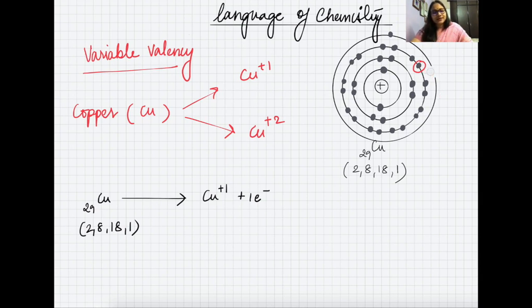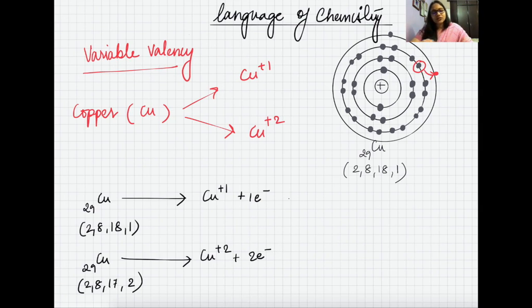Sometimes the second last shell, also known as the penultimate shell, can transfer one electron to the higher shell, that is the valence shell in this case. So when it transfers one electron, its electronic configuration becomes 2, 8, 17 and 2.